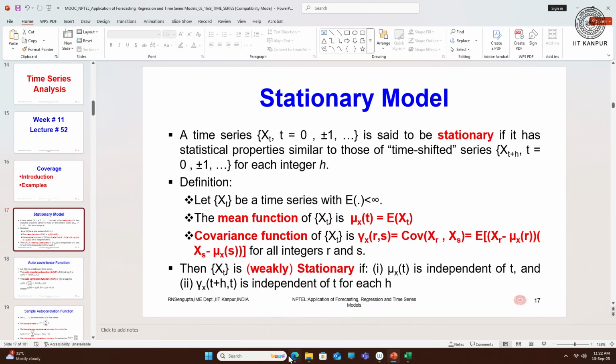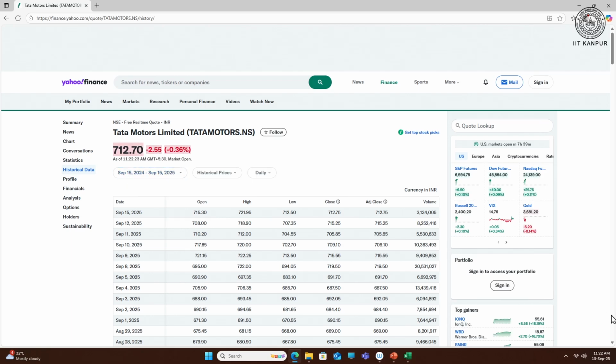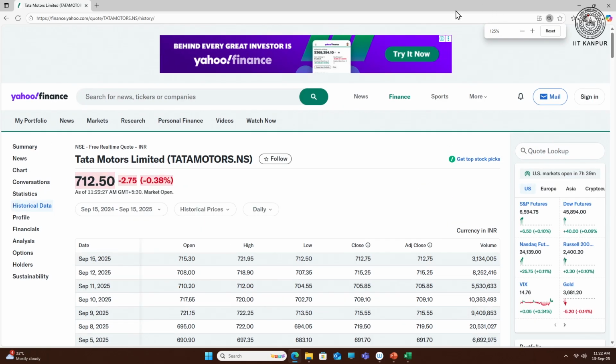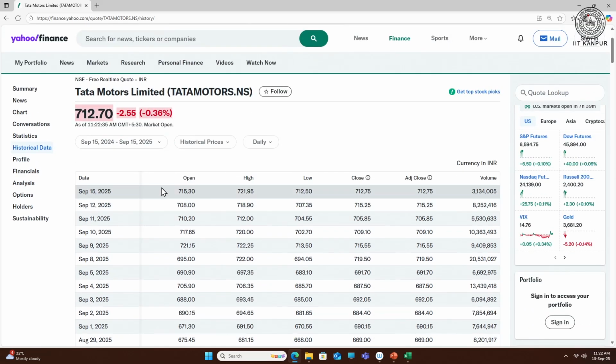I have already opened the website. Let me zoom in a little bit more. This is the Yahoo Finance website and it gives you Tata Motors Limited's stock prices in the NSE, and the dates are given in reverse order.